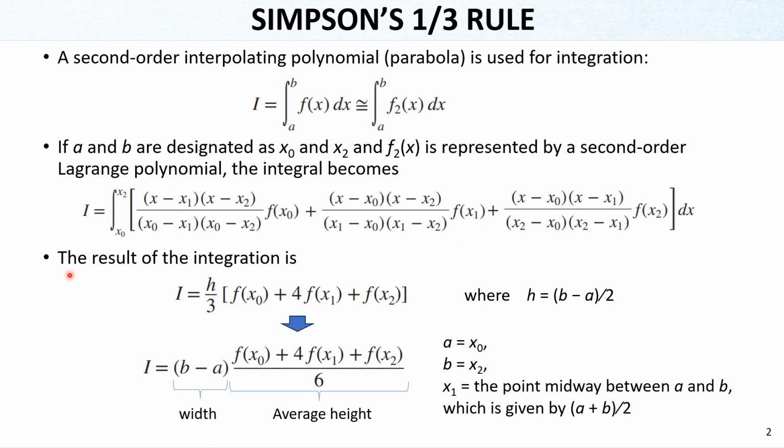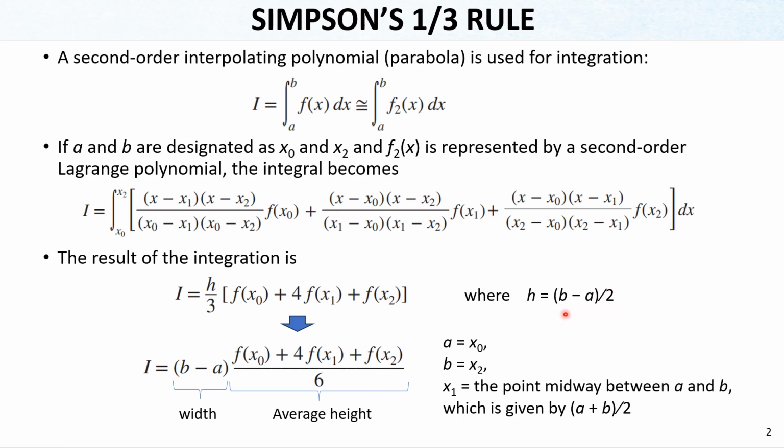When you take the integration of this with respect to x, between x0 and x2, the simplification becomes h over 3 times f(x0) plus 4 f(x1) plus f(x2). And here we assume h is (b minus a) divided by 2.